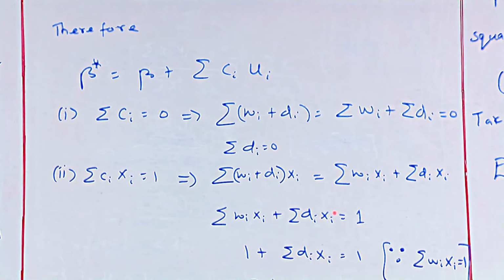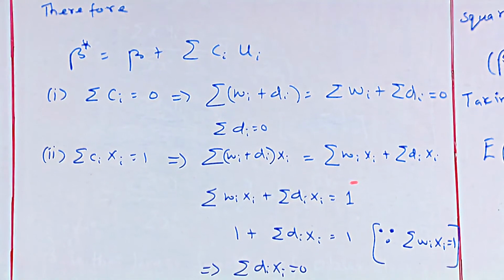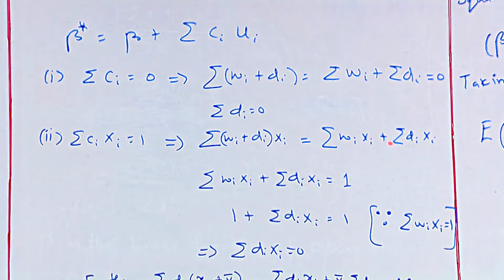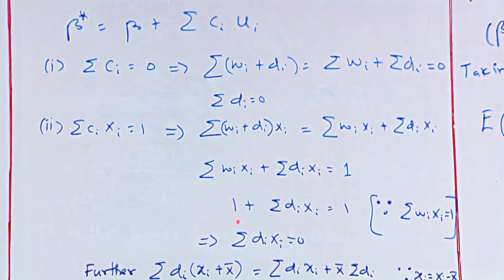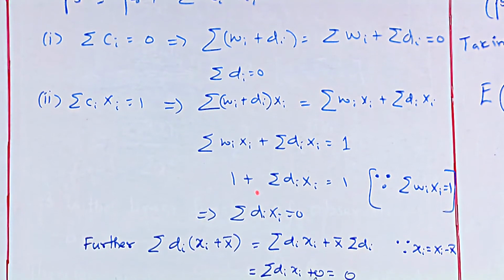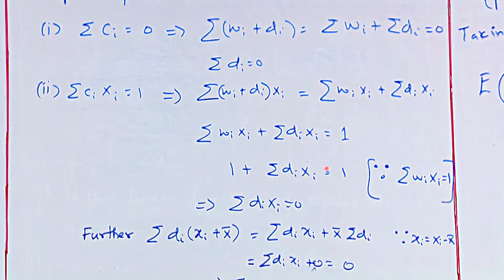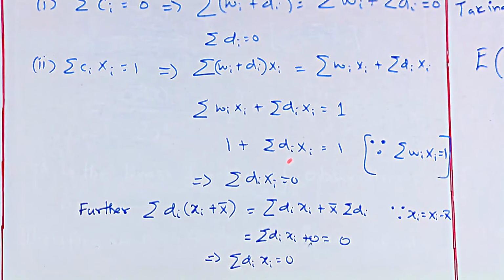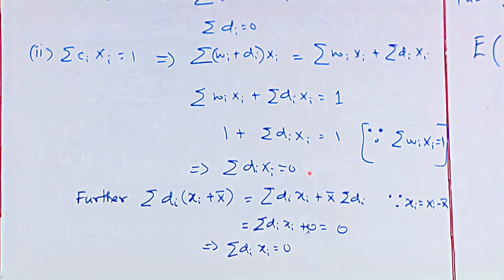In module 9, we already know sigma wi capital Xi is equal to 1. So with this condition we get 1 plus sigma di capital Xi is equal to 1. So naturally sigma di capital Xi is equal to 0.